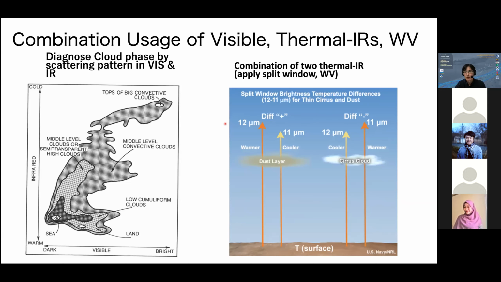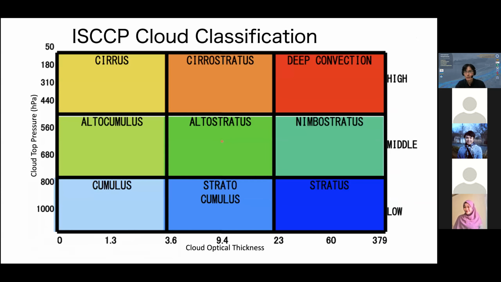One example I will show is the classification of the cloud: ISCCP's cloud classification. This is the most popular classification method for meteorological satellites.